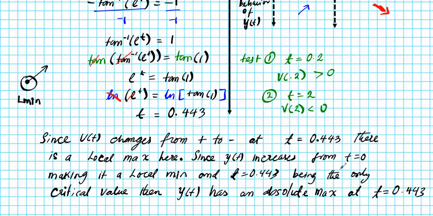So that's why I'm claiming that t equals 0 is a local min and is nothing compared to this because this is actually a local max, okay? So this local max is the only maximum that automatically makes it the absolute maximum of the function on the specified domain, okay? All right, so this is a 3-point problem.